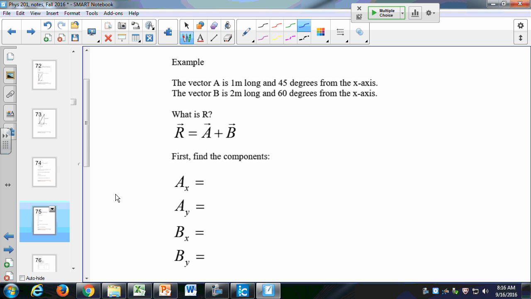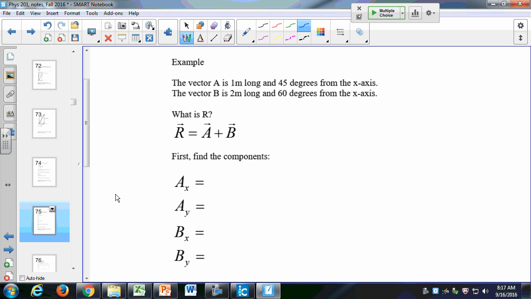It's an equilateral right triangle. You could call it an isosceles, is that what you said? Yeah. But an equilateral right triangle means that both of those sides are the same. So that means that this is also going to be 0.71. I'll go ahead and write it out though. It's 1 meter times sine of 45. These two are equal. And so that's equal to 0.71 meters.